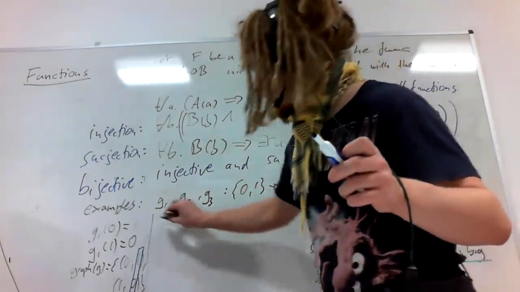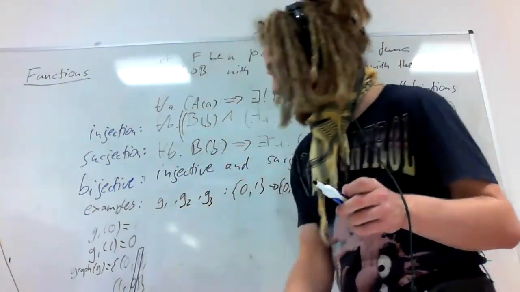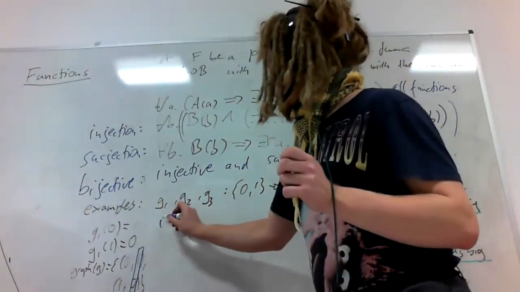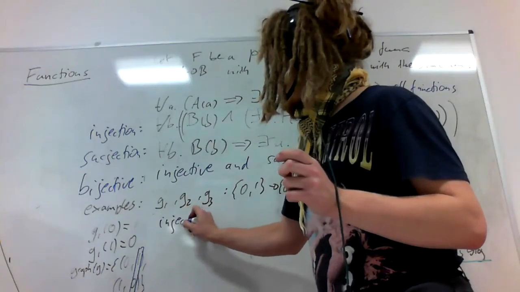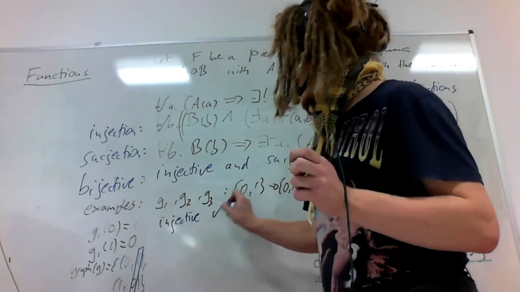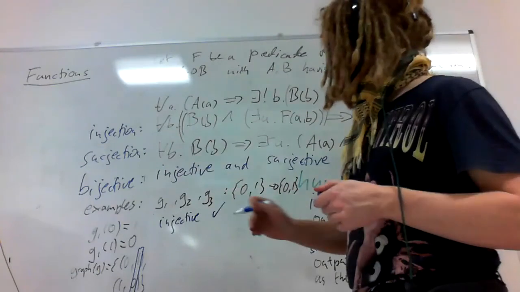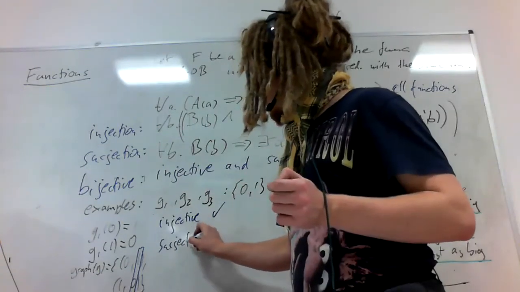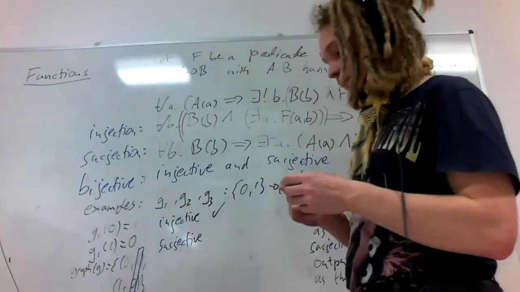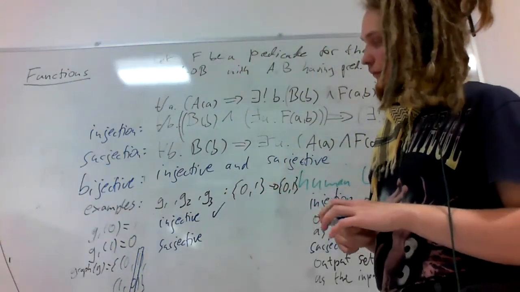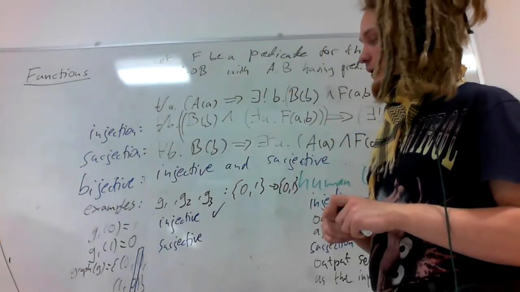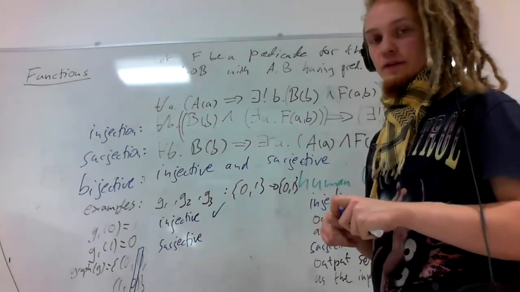Maybe we need more space. So injective, check. What about surjective? Surjective means each element is hit at least once.